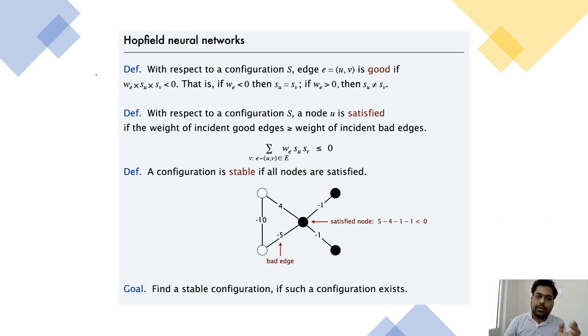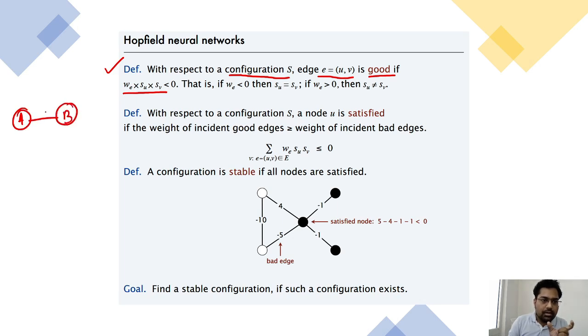First of all, we should keep in mind that whenever we configure certain things, named as S, their edge, if it is said to be good, depends on the weight and the states. If I'm picking the same example, and I pick this one as good for us, we have to pick the states. How do we find the state? For this edge, as I told you, it's white for us.